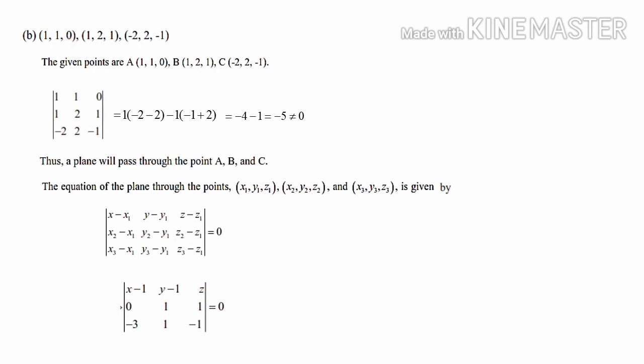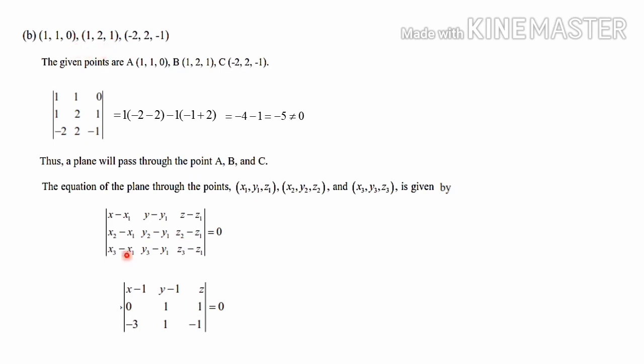Then x2 minus x1 is 1 minus 1, which is 0. y2 minus y1 is 2 minus 1, which is 1. Next z2 minus z1 is 1 minus 0, which is 1.